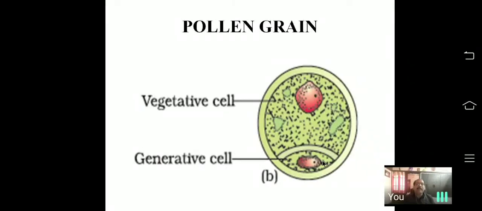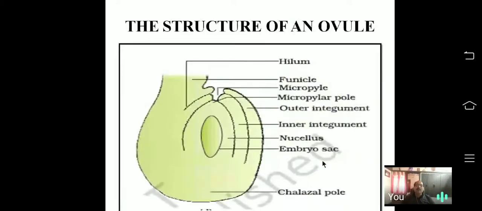Next, we learn about the female reproductive part that I will show in my next slide. This is the ovule. The structure of an ovule. Ovule is also called megasporangium. Where is it present in the plant?